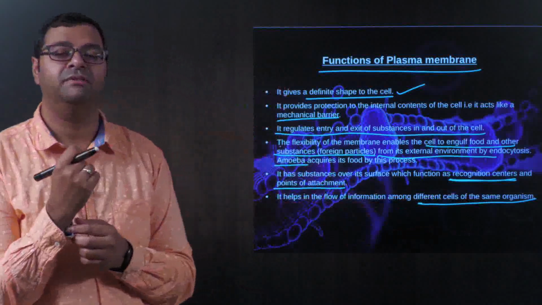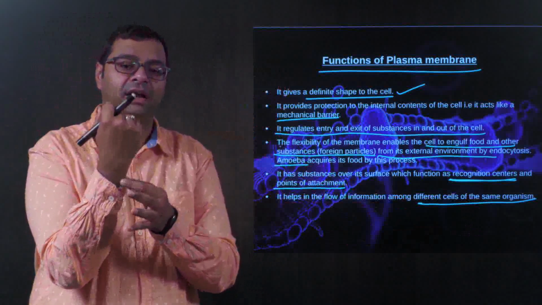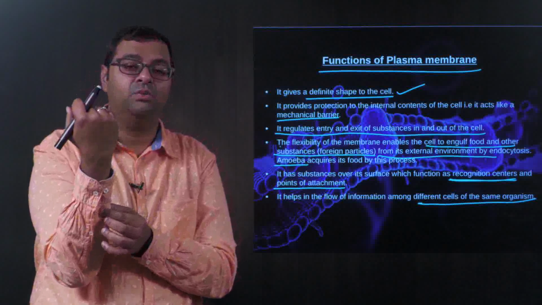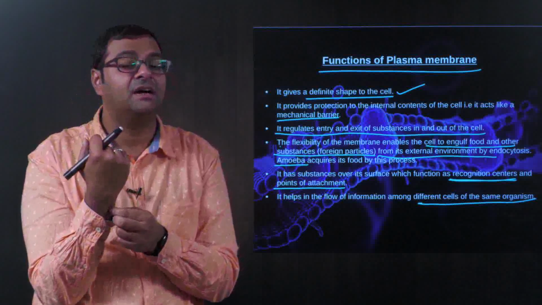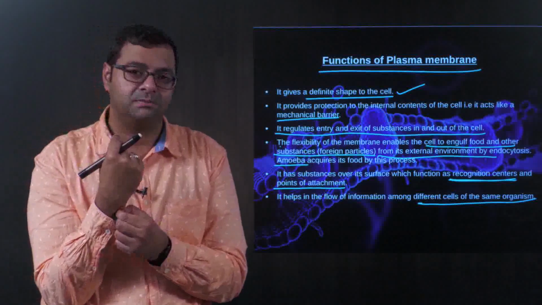So if I am pinching myself here, I am going to get hurt here, and there will be some stimulations coming downwards or upwards. That is because these cells are communicating with each other because of the presence of plasma membrane.